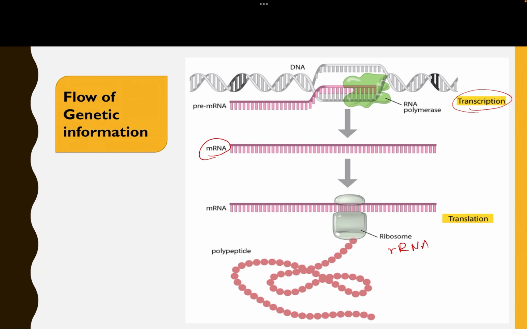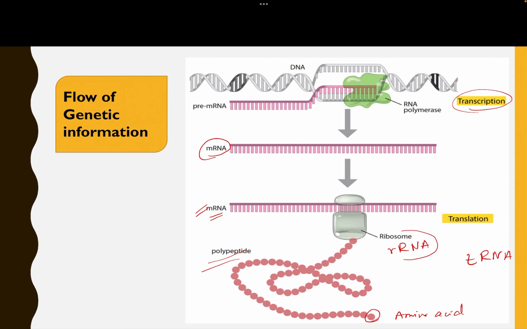Then we have another RNA called tRNA, transfer RNA. This mRNA has brought the recipe, meaning what all amino acids, because a protein is made up of small building blocks, and these building blocks are amino acids. Different amino acids have to come in a certain sequence to make one protein. That formula is brought by mRNA.